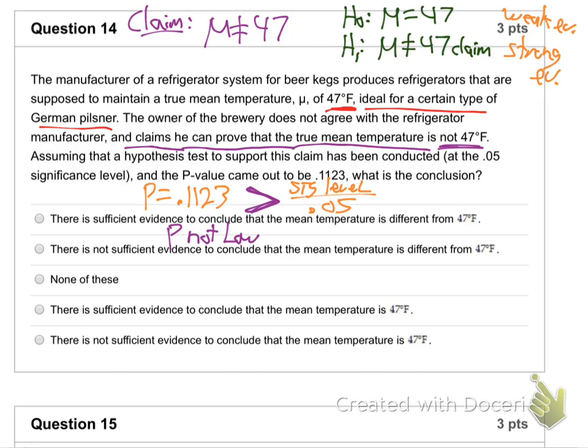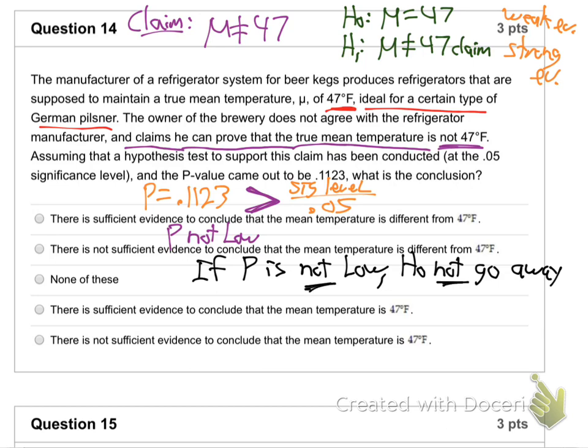And your favorite rhyme: if the p is, in this case, not low, the H0 does not go away. So this is another one where the H0 is not going away.